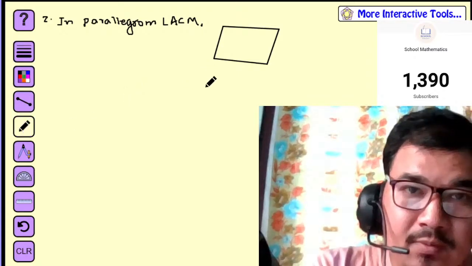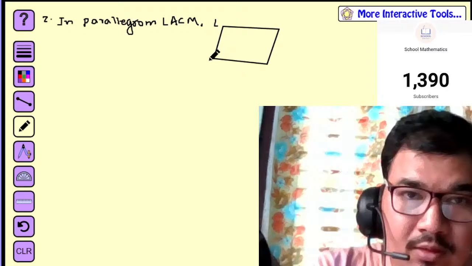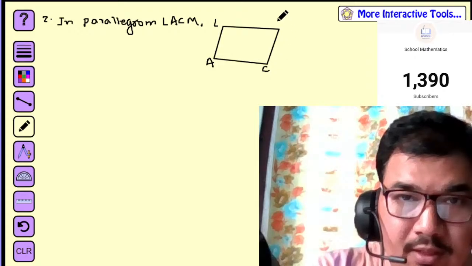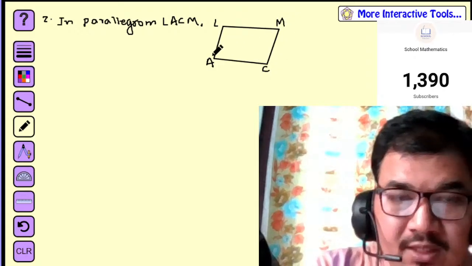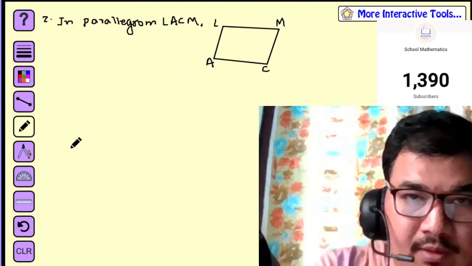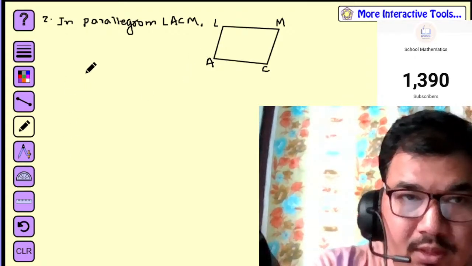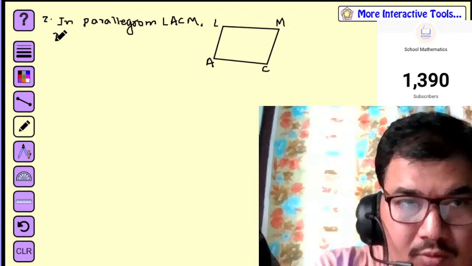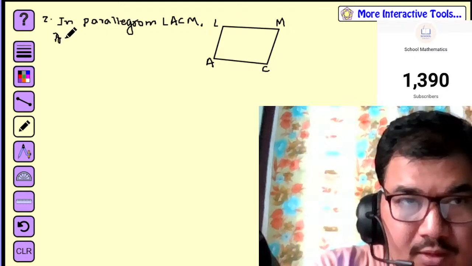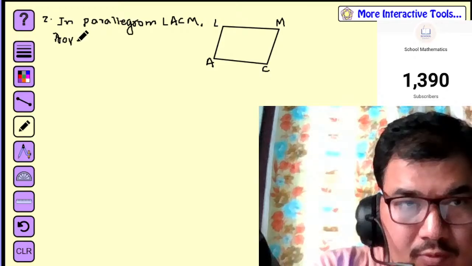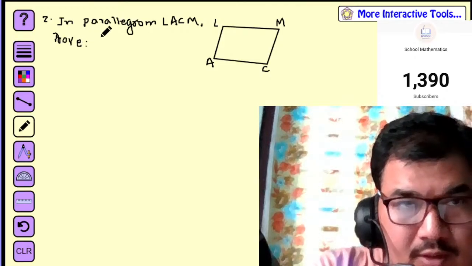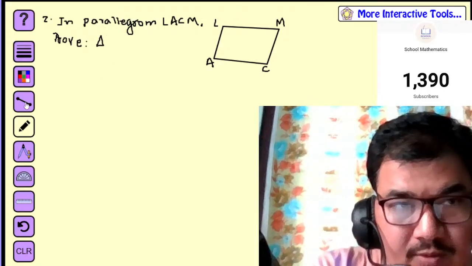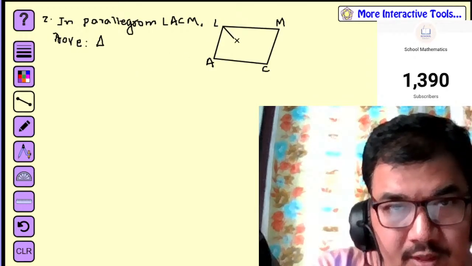Suppose here is given LACM. If this is one parallelogram given, and the question is asking to prove triangle LAC, the triangle name is LAC, and we have to take the help of this one diagonal also here.